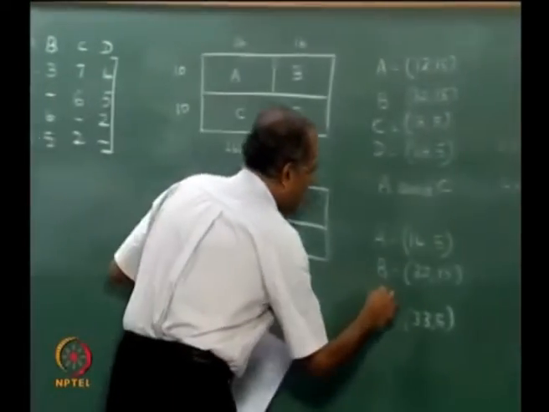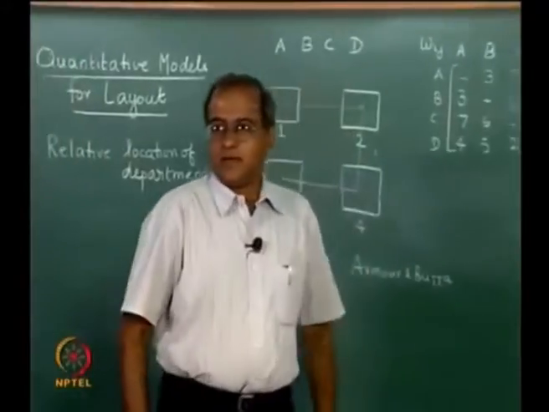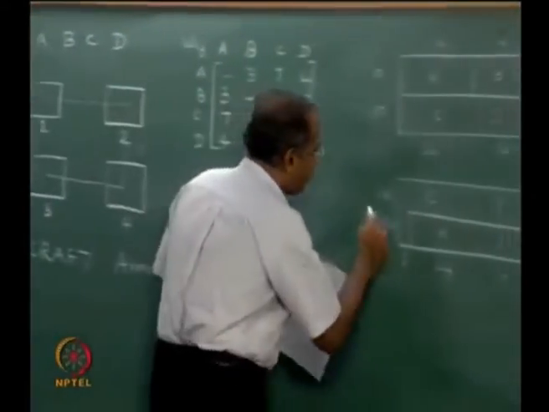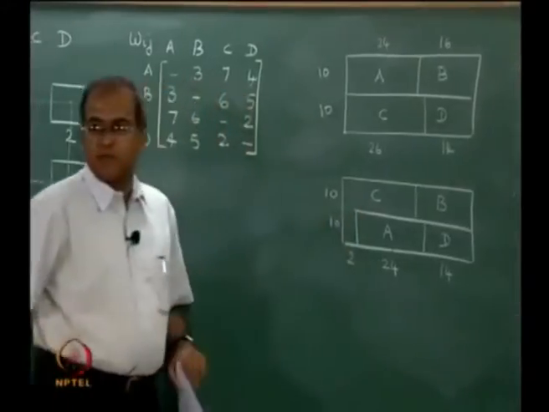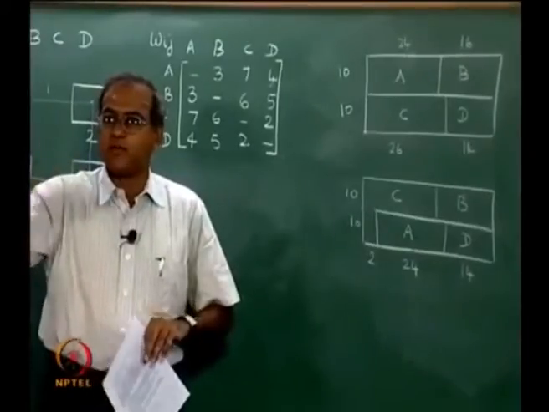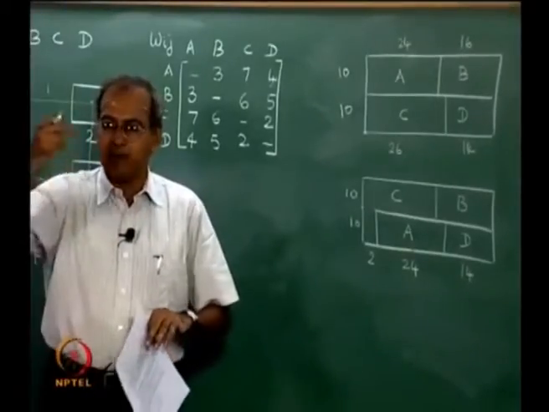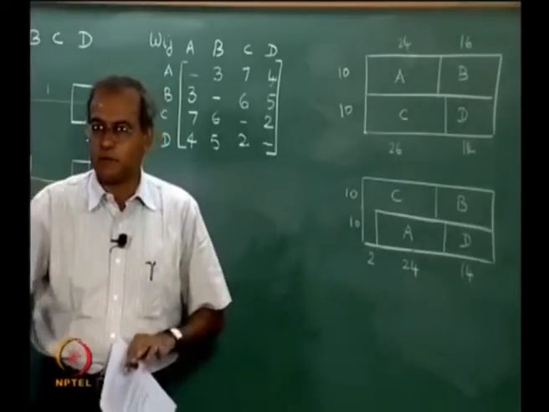C's centroid will now have to be redefined, and that is computed as, now C is taken as two rectangles, and we use the usual formula of A1 x1 plus A2 x2 by A1 plus A2 and B1 y1 plus B2 y2 by B1 plus B2.